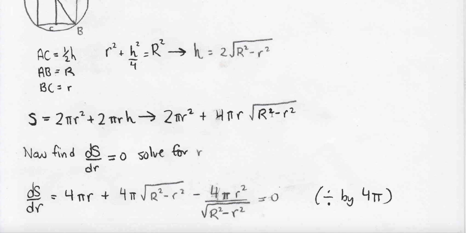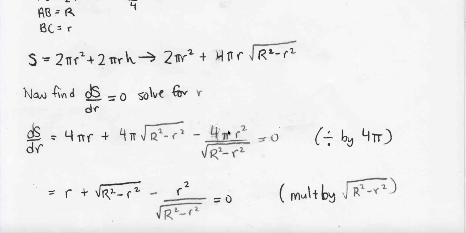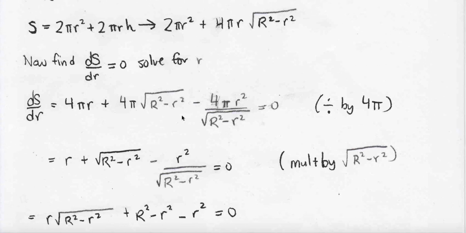So, okay, how do I do this? Well, I do this by finding dS/dr and setting it equal to 0, and I solve for r. So I use my rules of differentiation. I'm going to have to use the product rule on part of that expression. So I end up with 4 pi r plus 4 pi times the square root of cap R squared minus little r squared minus 4 pi little r squared all over the square root of cap R squared minus little r squared, all equal to 0.